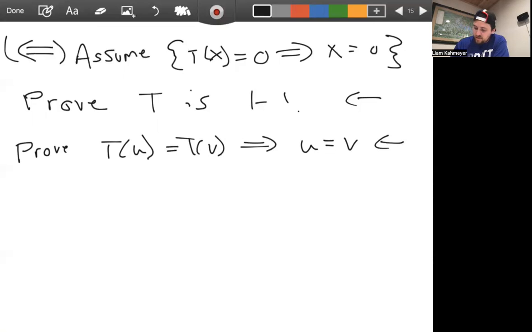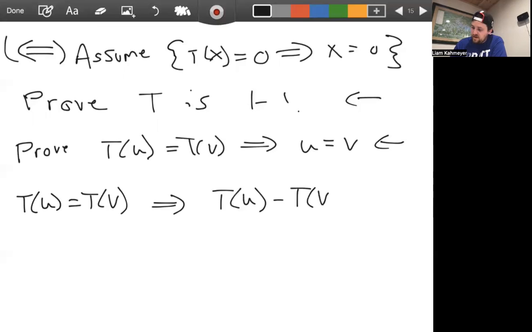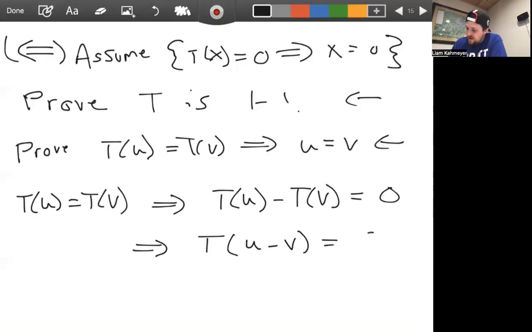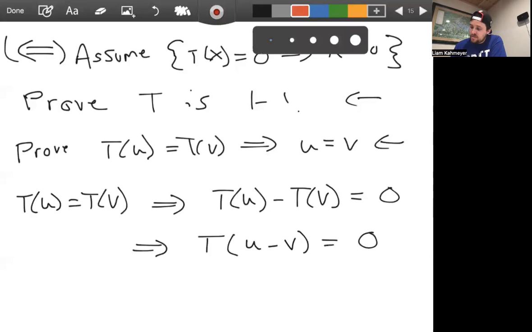Well, if we start, let's take tu equals tv, right? We can start here. Well, this implies that tu minus tv is equal to 0. But t is a linear transformation. So this implies that t of u minus v is equal to 0, right? And this is because t is a linear transformation, and linear transformations split over addition and subtraction. But now we have this assumption up here, right?